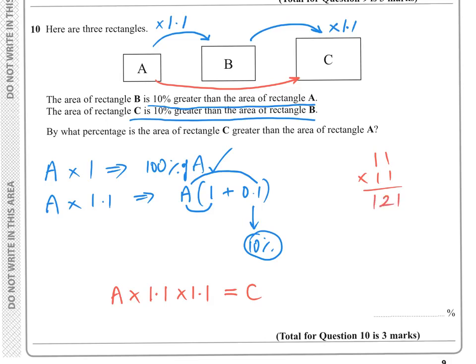So 1.1 times 1.1 is going to be 1.21. So if we times A by 1, we'd end up with A, and this 0.21 here means that it's been increased by 21% overall.